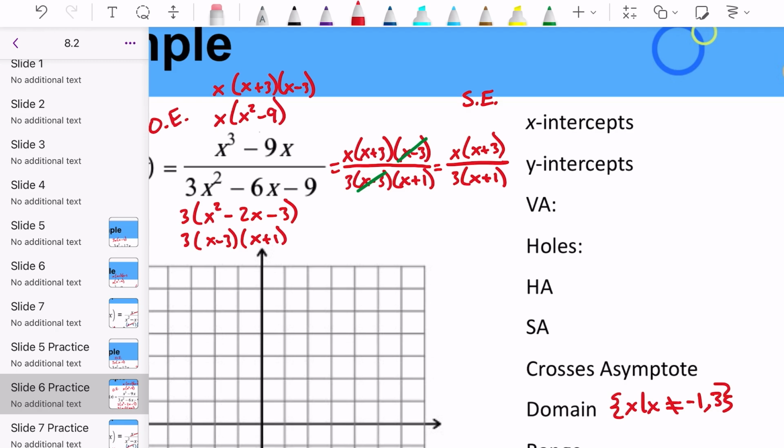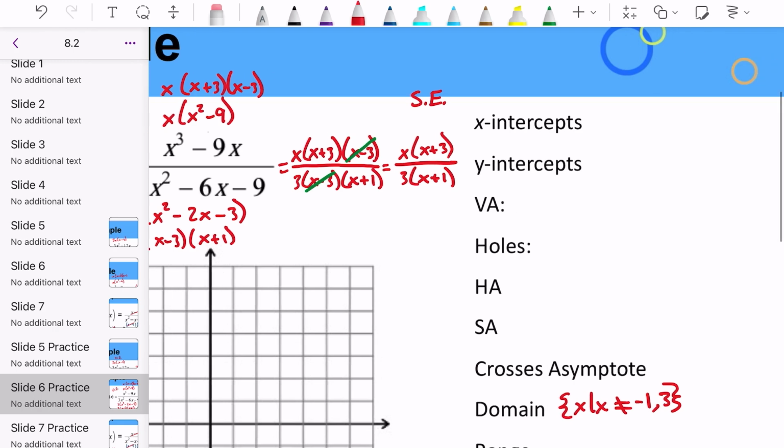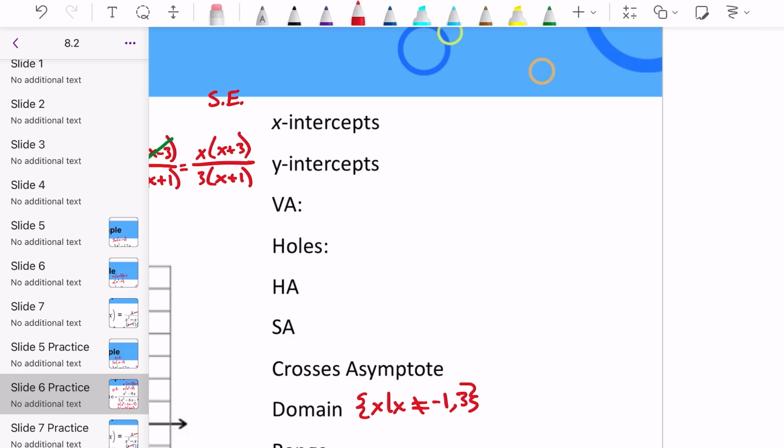We would then go to the holes of this equation, and in this case, we would take a look at what was simplified. In this case, x minus 3 was simplified, which means x would be equal to 3.